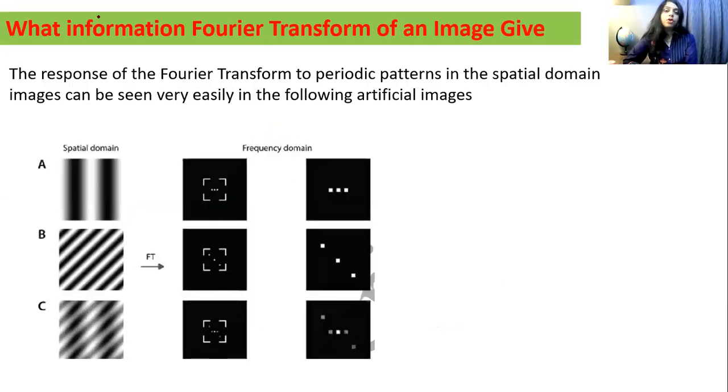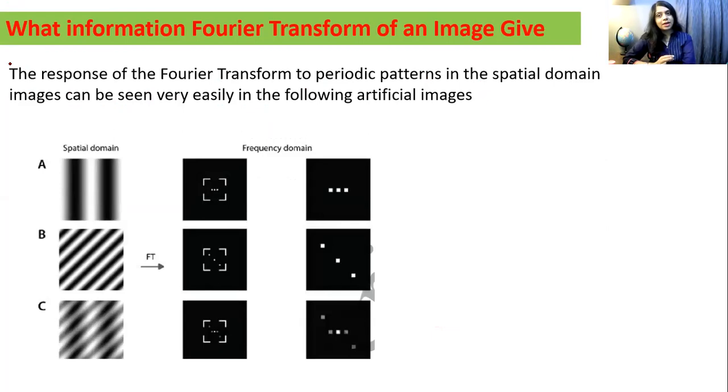Now, what information does the Fourier transform of an image give? What exactly do we extract while calculating the Fourier transform of an image? Very important concept. The response of Fourier transform to periodic pattern in spatial domain images can be seen very easily in the following artificial images. What is the meaning of this?